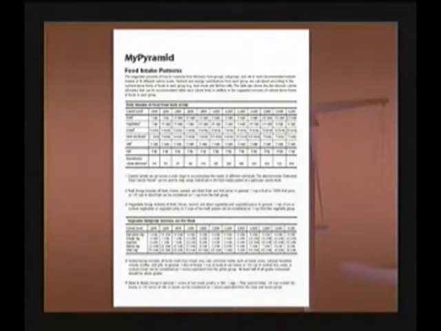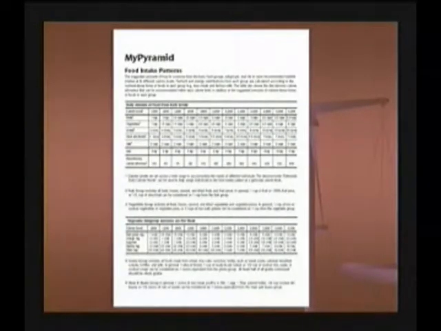So I know that if I need 1,800 calories, that's what I need. What I like even better is at the bottom, there's a vegetable subgroup amounts. It tells me how many servings of dark green vegetables I need, and orange, and beans.